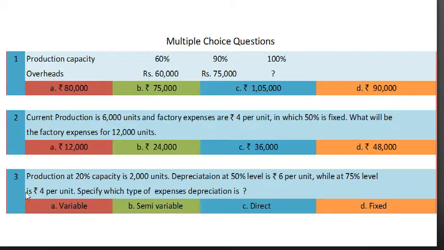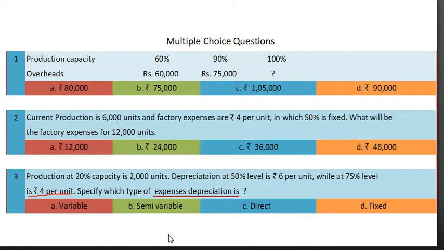Next, third, production at 20% capacity is 2,000 units. Depreciation at 50% level is rupees 6 per unit, while at 75% level is rupees 4 per unit. Specify which type of expense depreciation is.